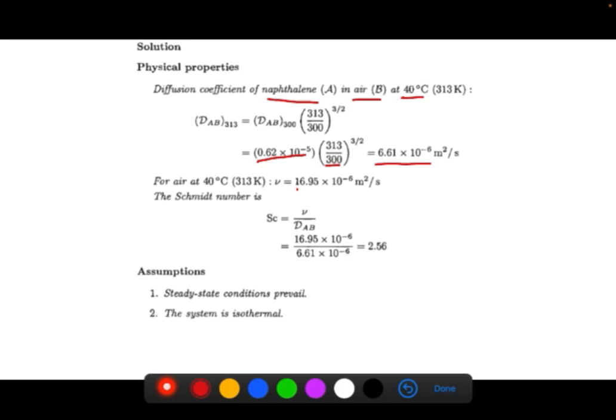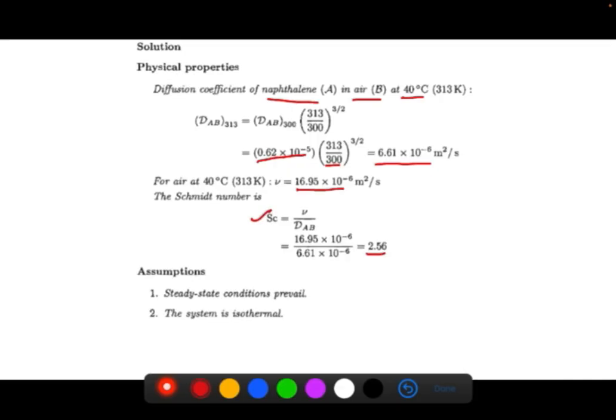For air at 40 degrees, kinematic viscosity is given as 16.95 into 10 to the power minus 6 meters square per second. So we can calculate the Schmidt number as kinematic viscosity upon DAB, which comes out to be 2.56.